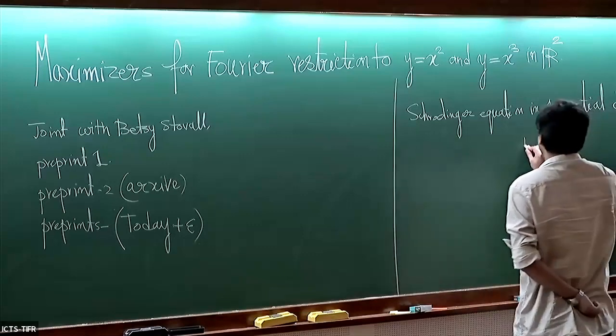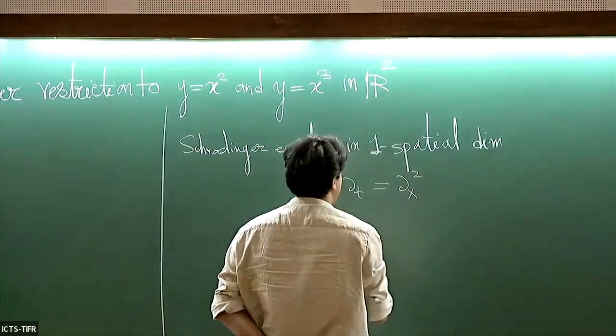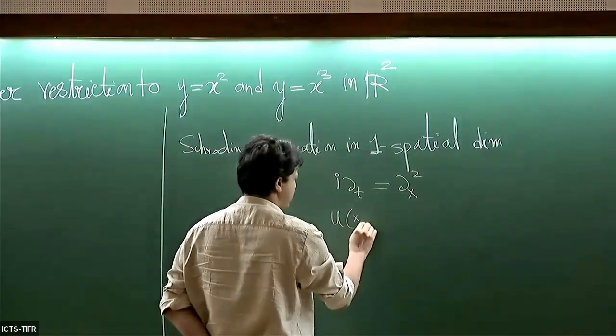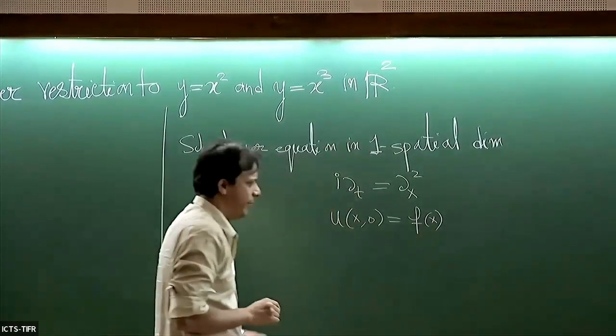So I'm going to look at i partial_t u equals partial_x squared u, and u at time 0 is given by f, a function of one variable, f of x.